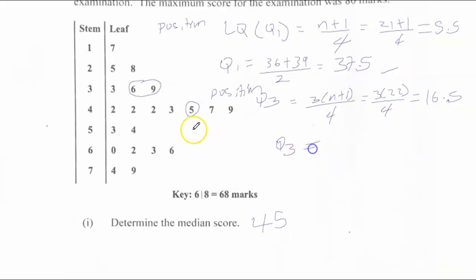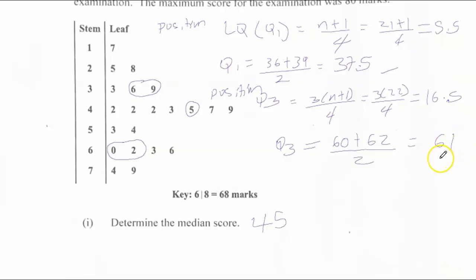So for Q3, we know 45 was the 11th number. So 12, 13, 14, 15, 16, 17. So the upper quartile is the average of 60 and 62, the 16th and the 17th number, divided by 2, that's 61.